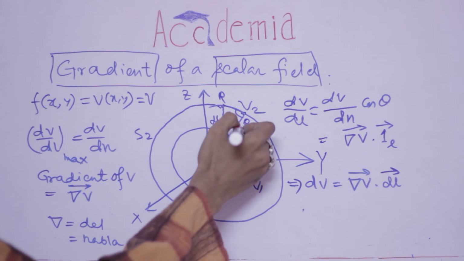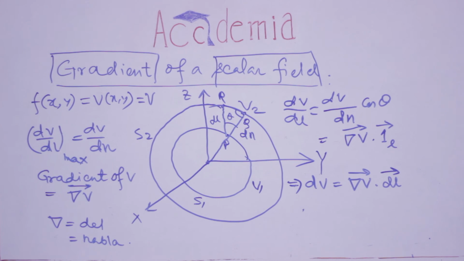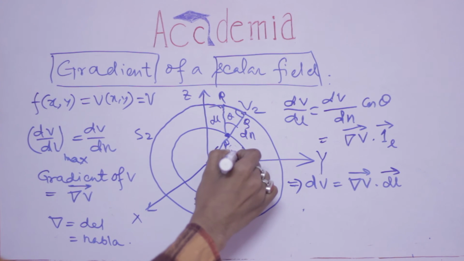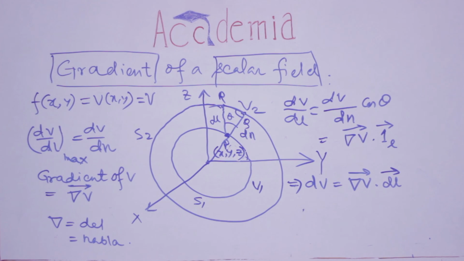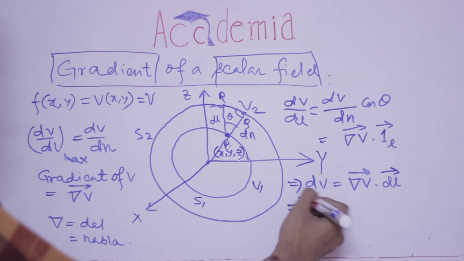This is dl, this is dn. Say P has coordinates x, y, z. So to go from P to R, there will be changes in x and in y and also in z. Say the changes are dx, dy and dz.